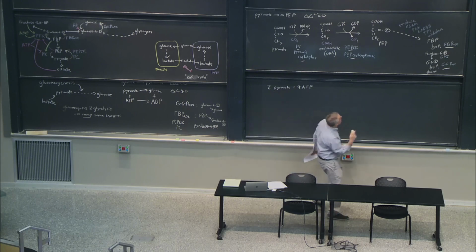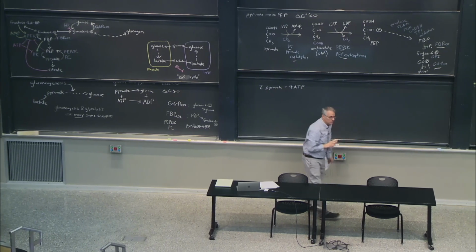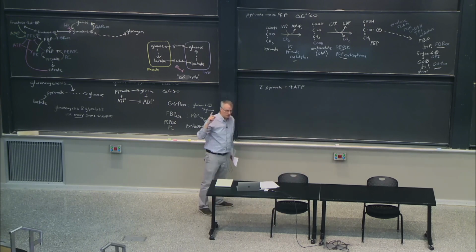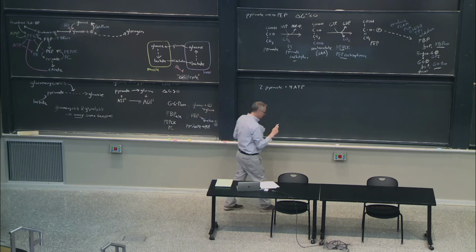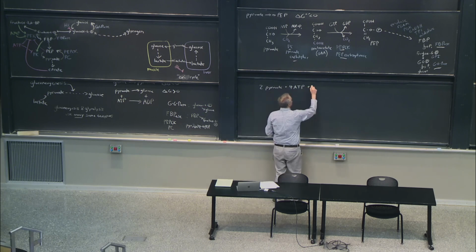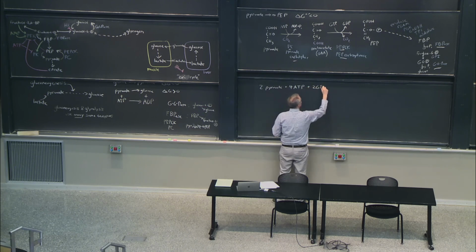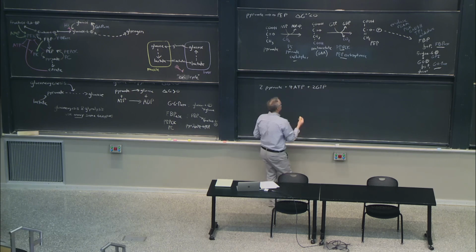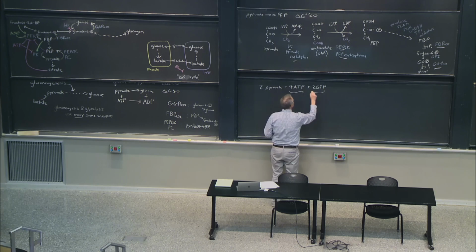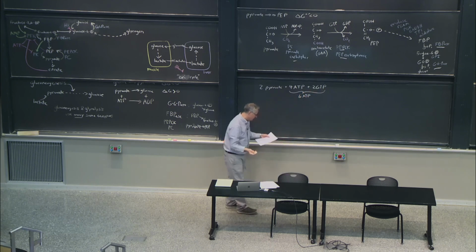And then another ATP at phosphoglycerate kinase to run that reaction backwards, plus 2 GTP. Those 2 GTP are effectively the equivalent of an ATP, so this would be 6 ATP equivalents.